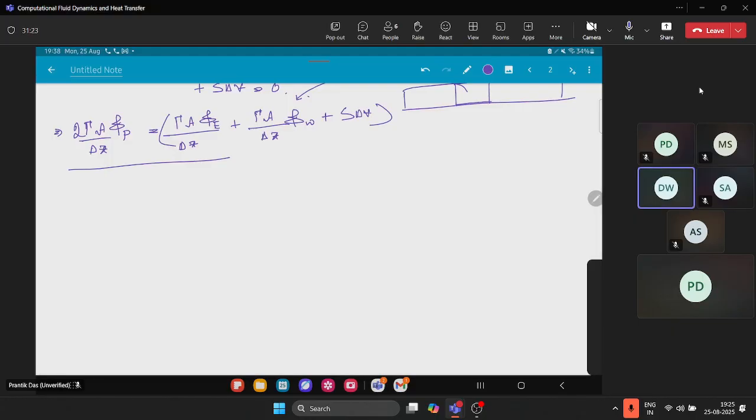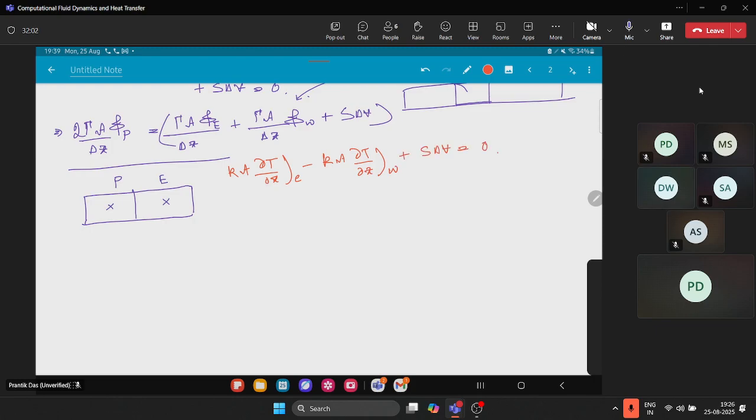So for example, if I take the boundary node, sorry, the boundary cell centroid, so if P is basically your boundary cell centroid and E is basically your next cell centroid: Ka dT/dx at east minus Ka dT/dx at west plus S delta V equal to 0.